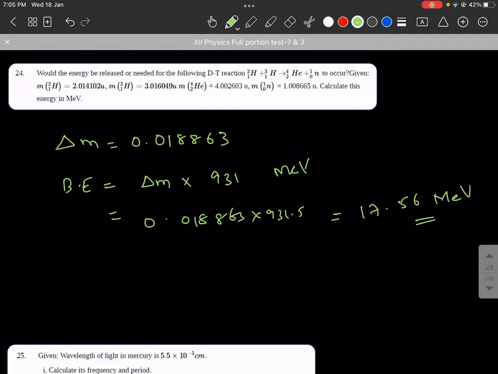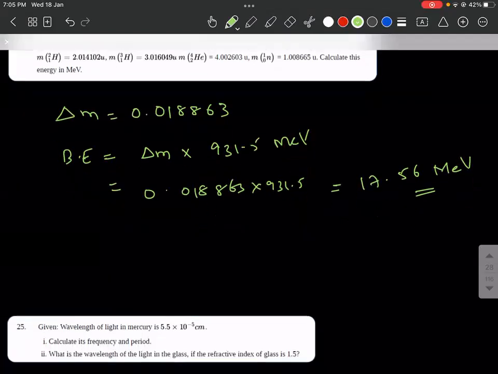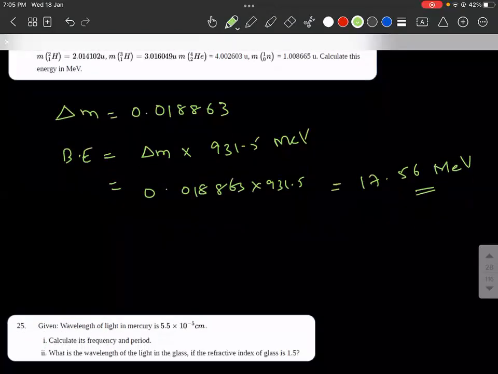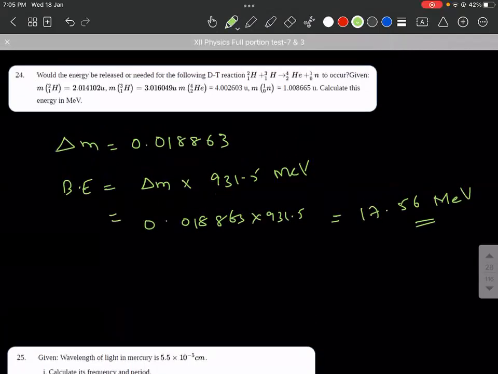Sir, mass defect here, how are we calculating? Mass defect, you will always calculate this side. You will add these two values and then subtract. Here this is the reactant and this is the product. Product minus reactant.